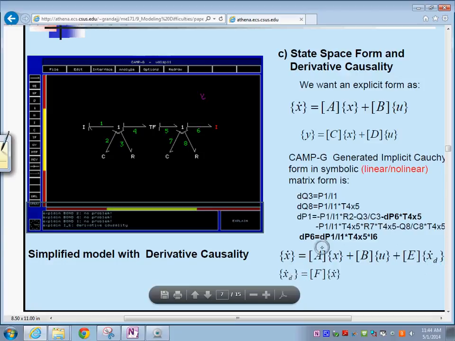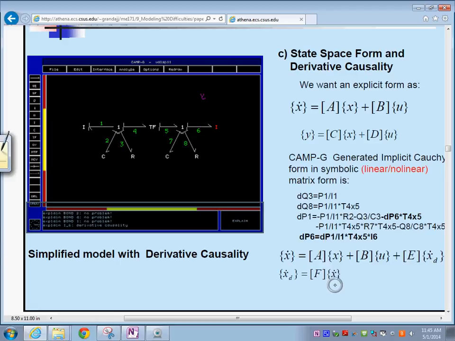And then, of course, it has a new one that has x dot equal to some matrix F times the state variable here. So you can write this system of equations in terms of the original A, B plus this E matrix and this F matrix, which would be derived from here.